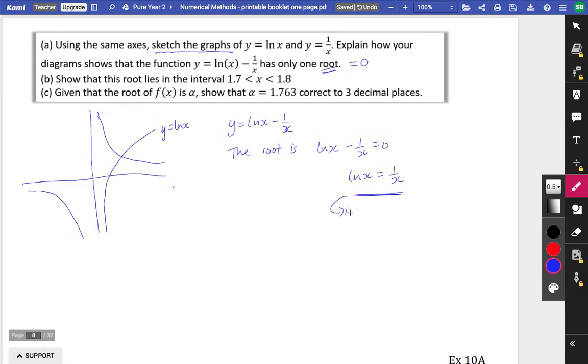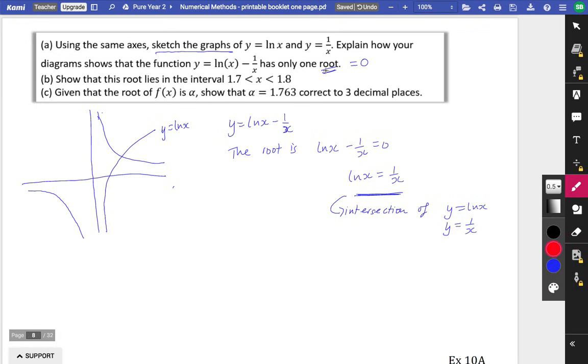This is the intersection of y equals ln x and y equals 1 over x. So now we can think about what they've actually asked us. We were saying, when does this have a root? Well, this has a root when these two things are equal to each other, which is the intersection of y equals ln x and 1 over x.